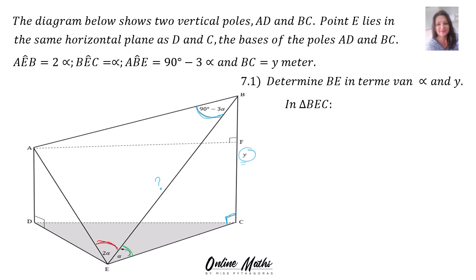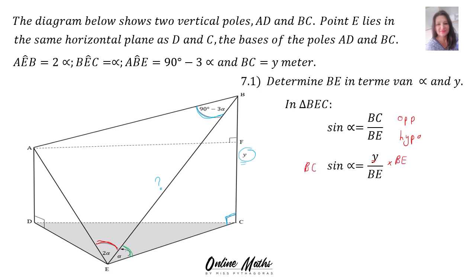So the only thing that's going to work for us here is sin alpha. Why sin? Sin's ratio is opposite over hypotenuse. So therefore we can say sin alpha is BC, the opposite side, over BE, the hypotenuse. Then we know that BC, it was given, is y over BE. But we want BE, so we will make BE the subject of the formula.